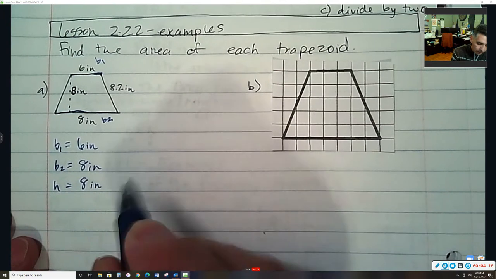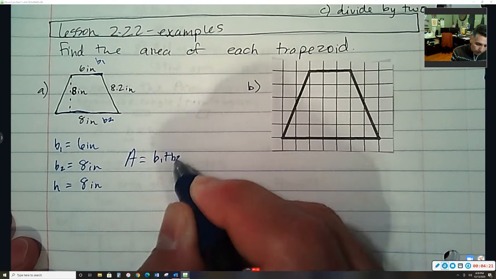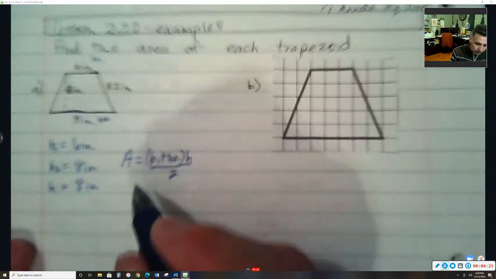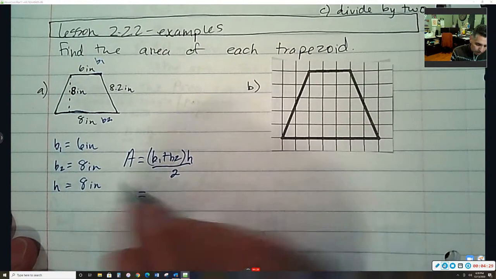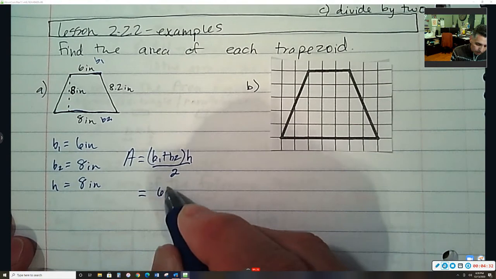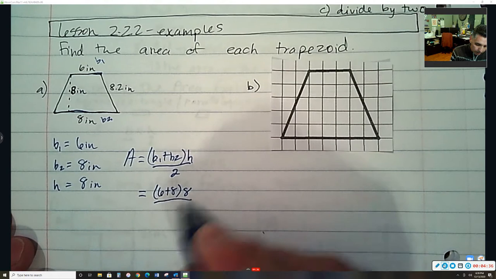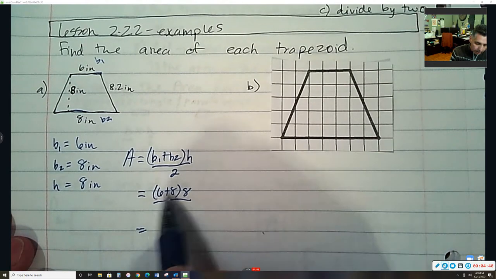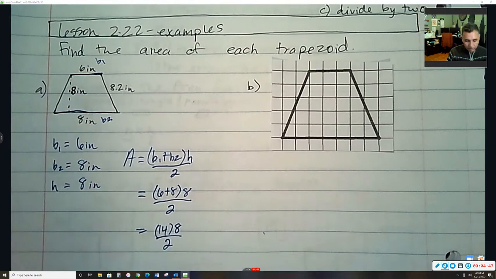Okay, and then all of that I'm going to put in my formula. I'm just rewriting the formula so you see it again. Okay, so B1 plus B2. So I'm going to leave off the units for now and just put 6 plus 8 times the height divided by 2. And again, from the steps up there, add the two bases. 14. 6 plus 8 is 14.